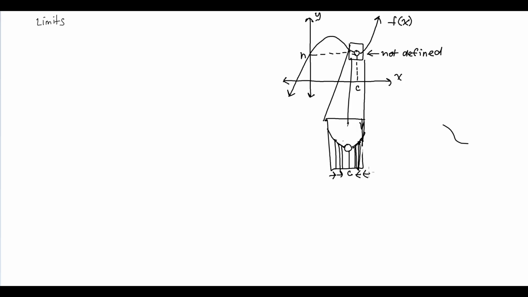A good example of this would be this function. Let's say we had a function f of x equals x squared minus 5x plus 6 over x minus 2.